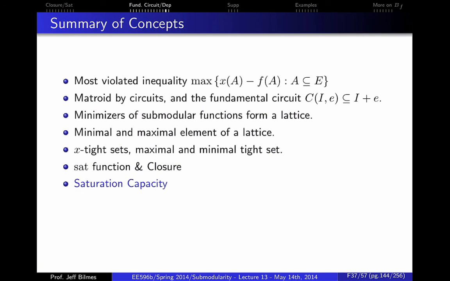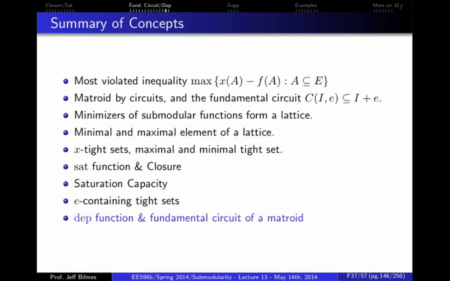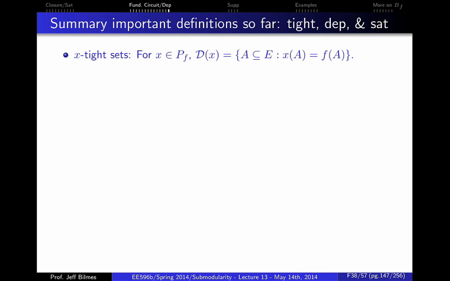We've got the notion of saturation capacity, which can also be used to define sats. And we've got the notion of E-containing tight sets. And we've got the dep function, and how it's a generalization of the fundamental circuit of a matroid, and it's exactly equal to the fundamental circuit of a matroid when it's a matroid polytope. And here's a little bit more detail. So the X-containing tight sets is equal to this.